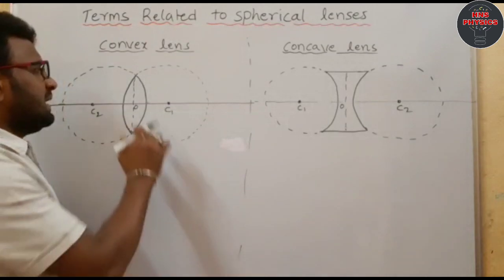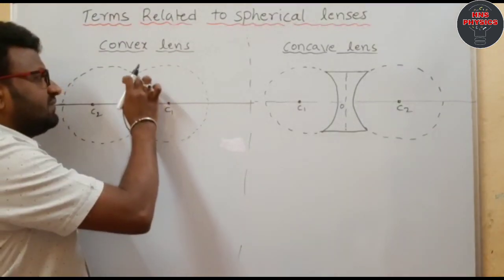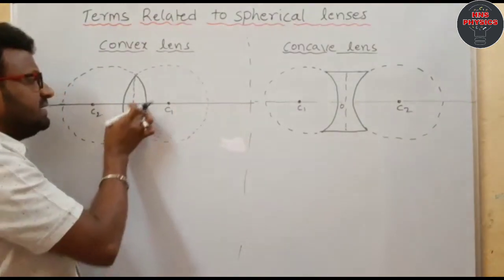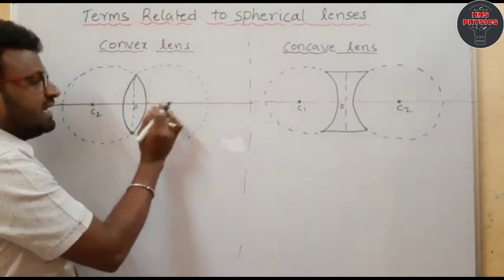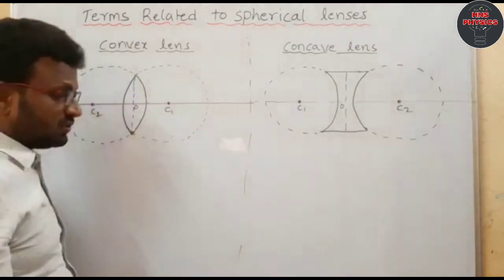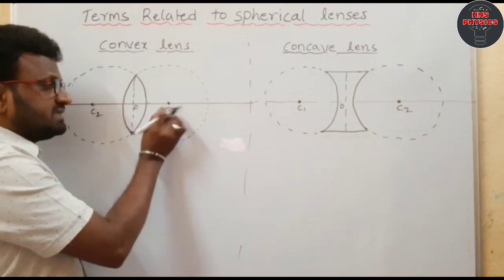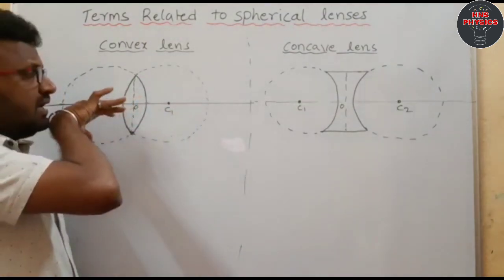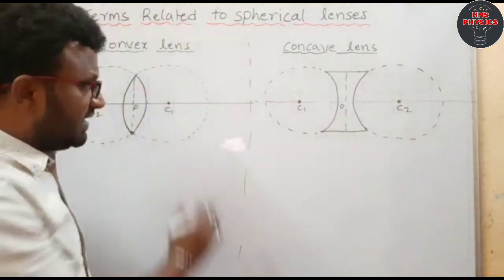Each lens has two refracting surfaces, this is one sphere and this is the other sphere. I am taking the right side as C1 and the left side as C2. Why C1 on the right side? Because after refraction of a parallel beam of light, the image is formed on the right side.